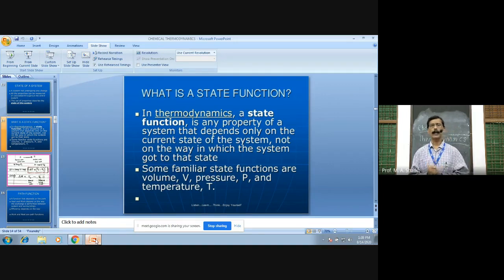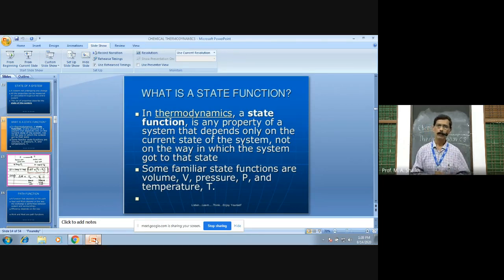स्टेट फंक्शन यानी ऐसी थर्मोडायनामिक प्रॉपर्टी जो इनिशियल और फाइनल स्टेट पे ही डिपेंड होती है, लेकिन इनिशियल स्टेट से फाइनल स्टेट जाने वाला जो पाथ है उस पर डिपेंड नहीं होती. Listen once again. What is a state function?